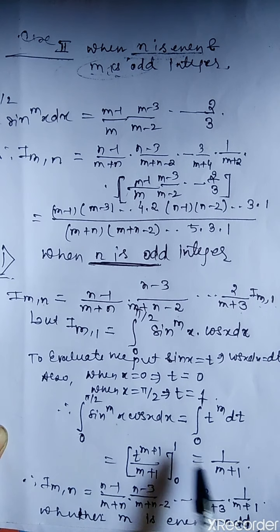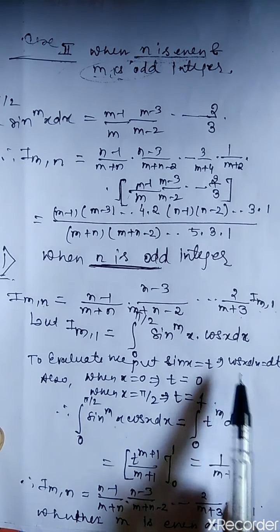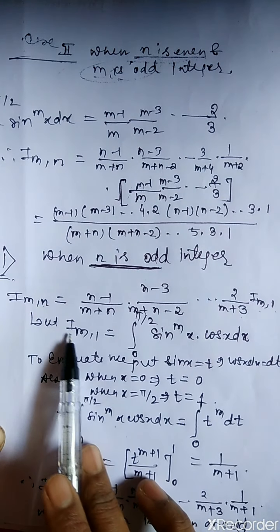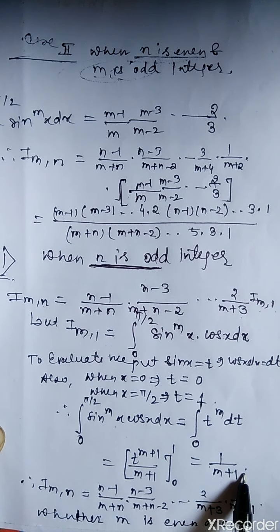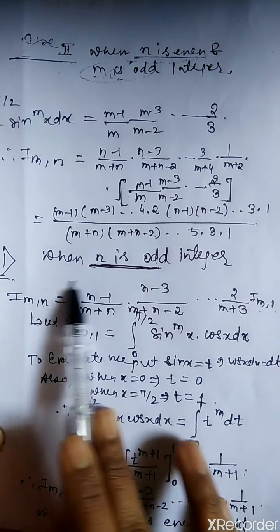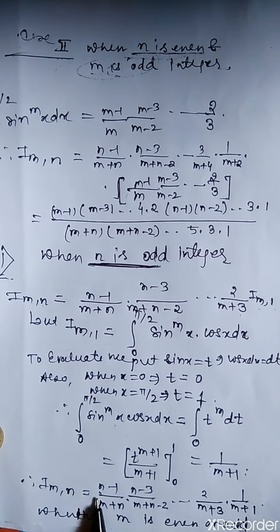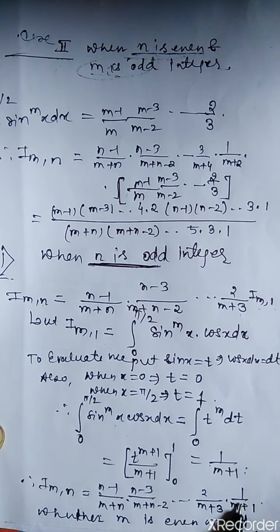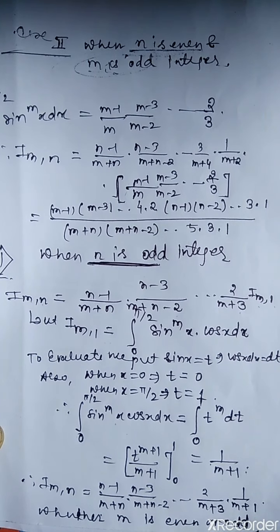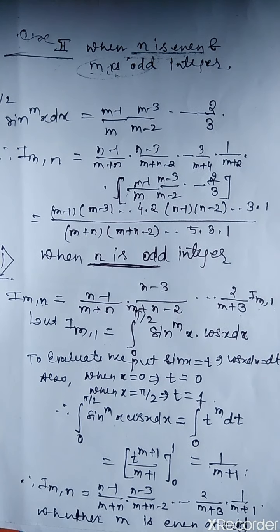That means here there is no effect of m because we are left with I_m,1 and I_m,1 has the value 1 by m plus 1. That's why when n is an odd integer, we have I_m,n equals (n minus 1)/(m plus n), (n minus 3)/(m plus n minus 2), up to 2/(m plus 3), into 1/(m plus 1). So I hope you will understand very well.